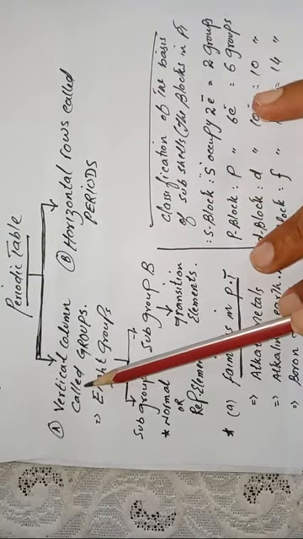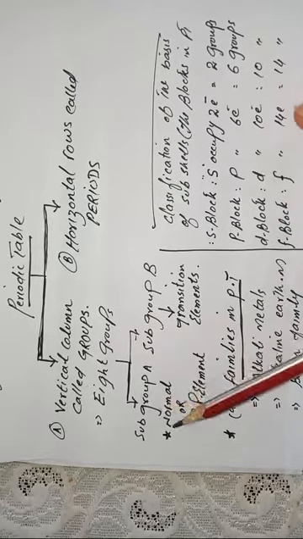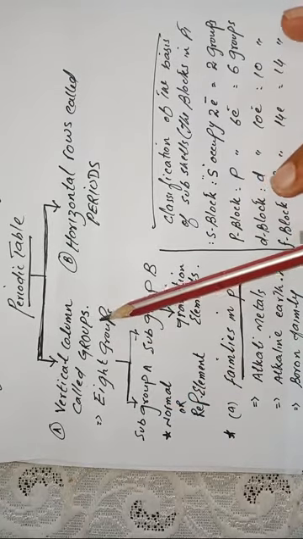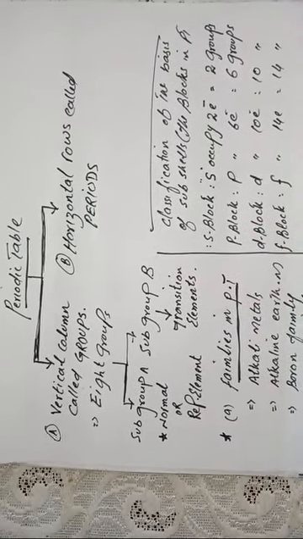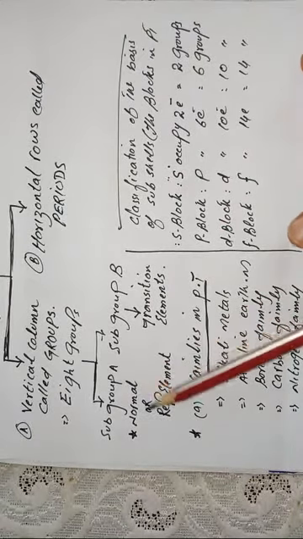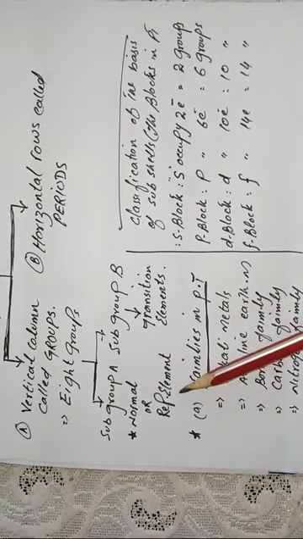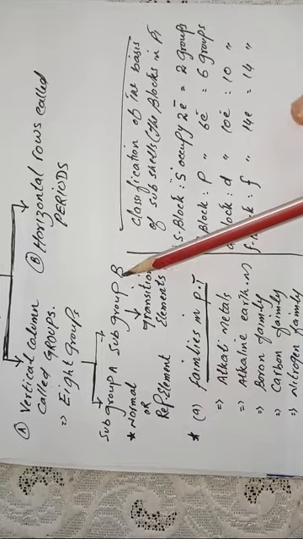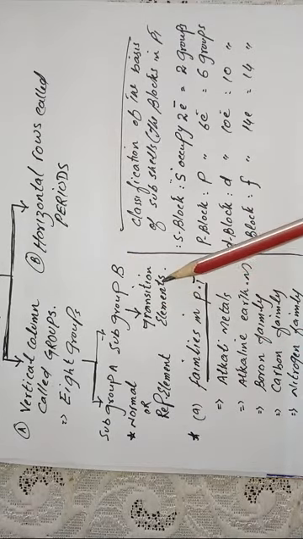The vertical columns in the periodic table are called groups. Each group is further divided into subgroup A and subgroup B. The elements belonging to subgroup A are called normal elements, or representative elements. Similarly, the elements in subgroup B are called transition elements.